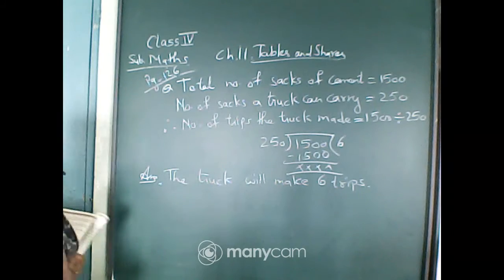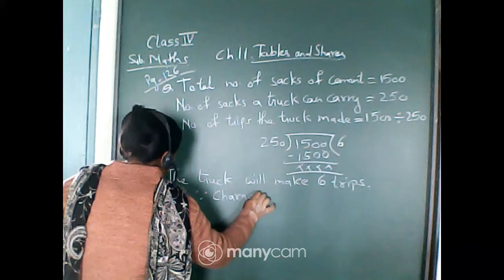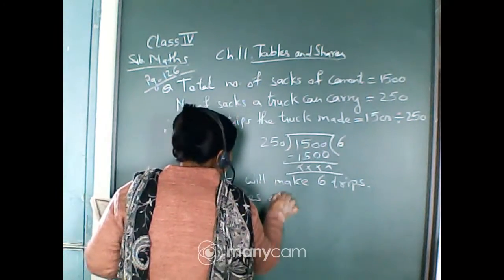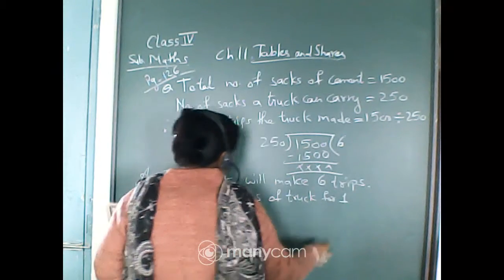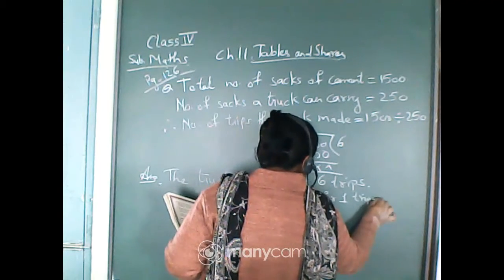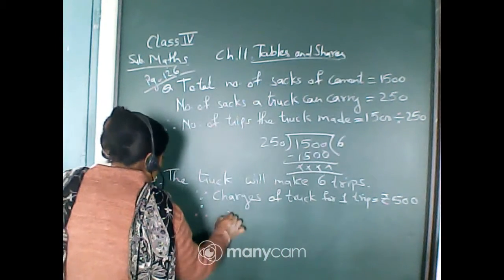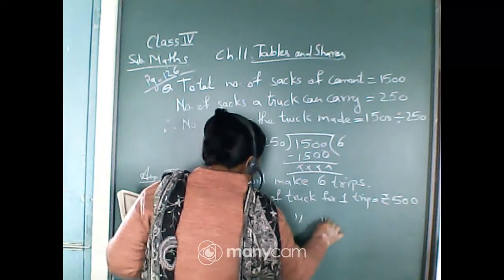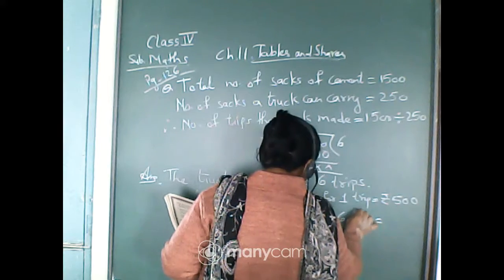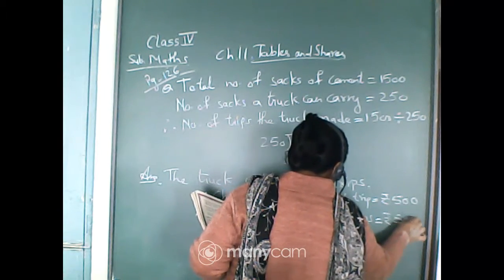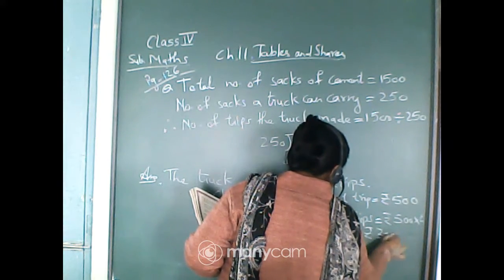Okay. So you will write that since charges of the truck for one trip is equal to rupees 500, therefore, charges of truck for 6 trips is equal to rupees 500 into 6, that is rupees 3000.